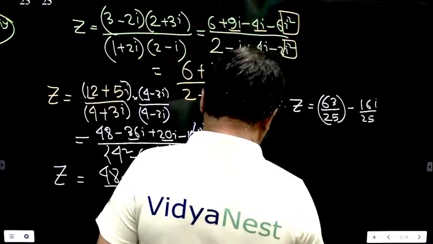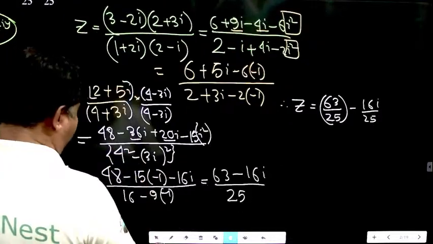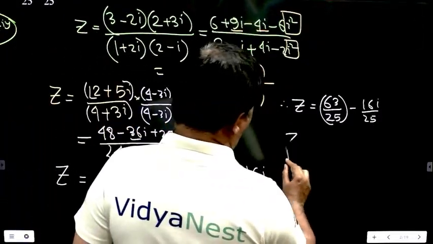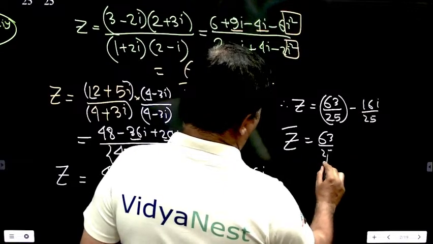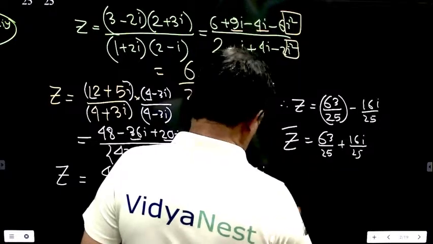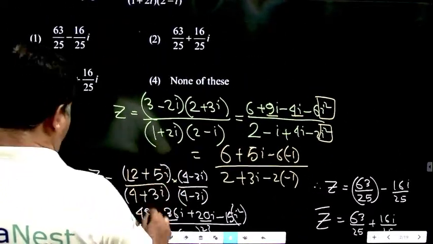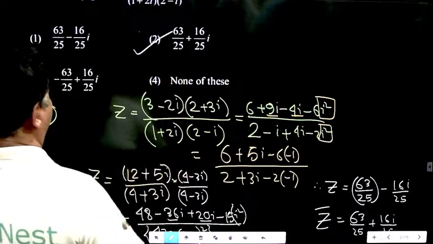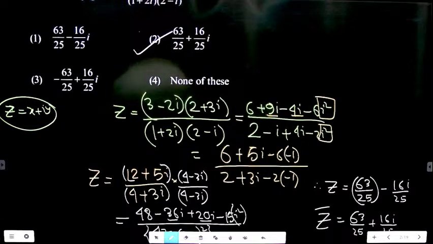So this is Z. Now Z bar means the conjugate of Z: 63 by 25 plus 16i by 25. You observe, does it match with any option? Yes, with option 2.